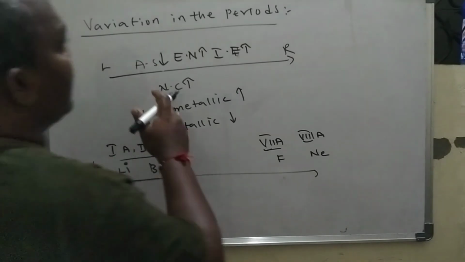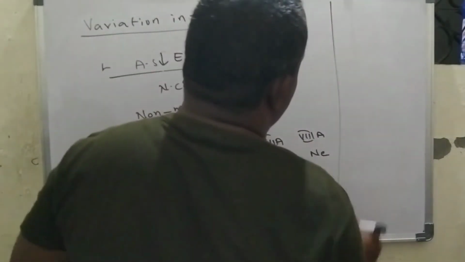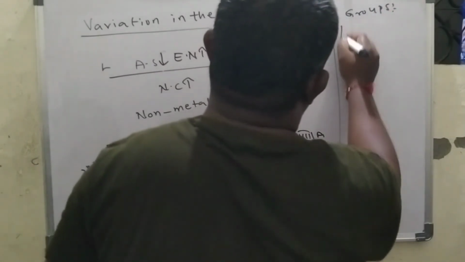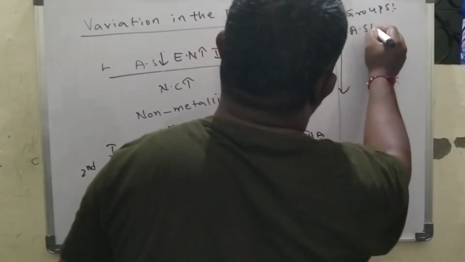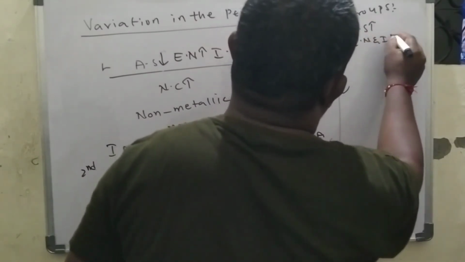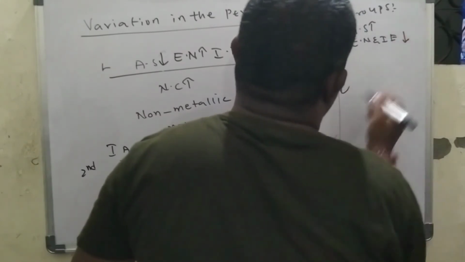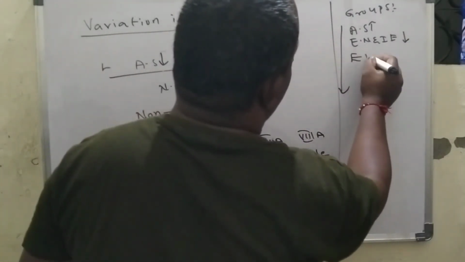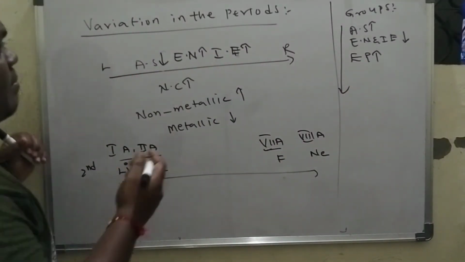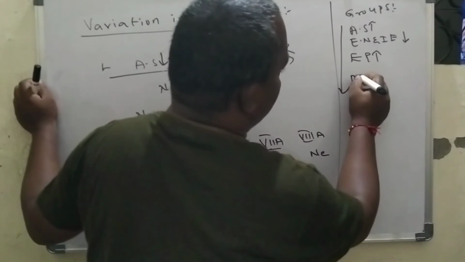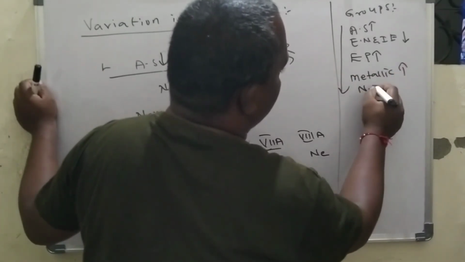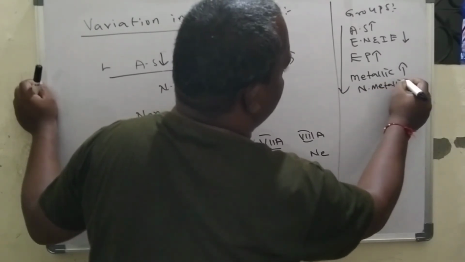What will happen if we take the groups? Going from top to bottom in a group, atomic size increases, electronegativity and ionization potential decrease, and electropositivity increases. When electropositivity increases, metallic character also increases, and non-metallic character decreases.